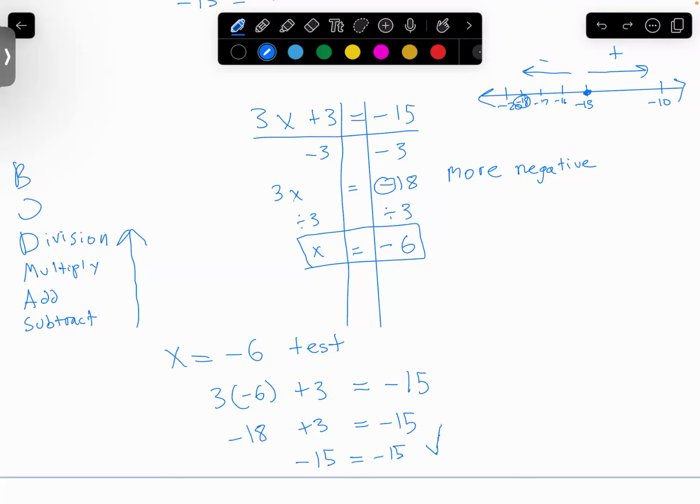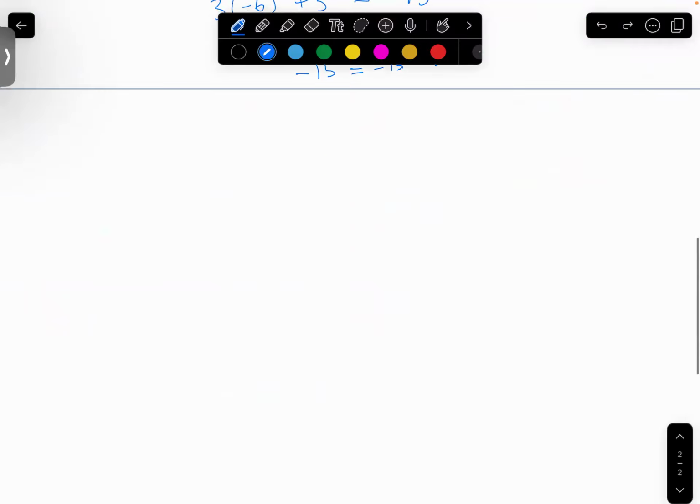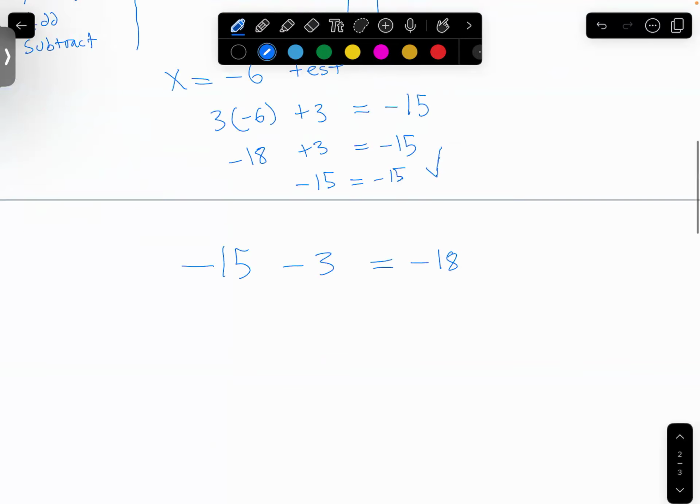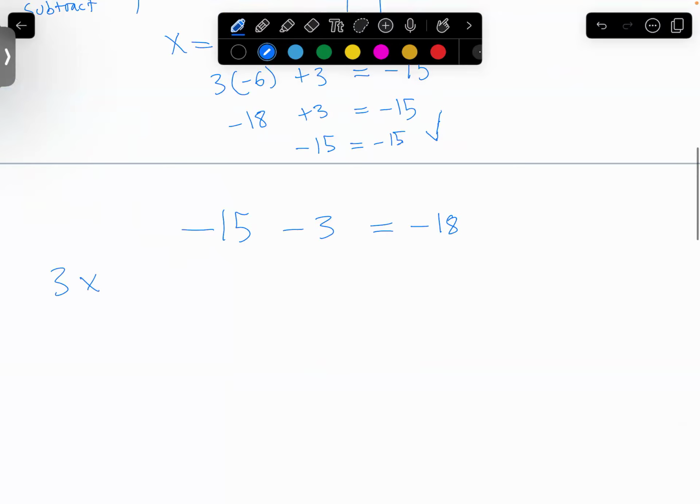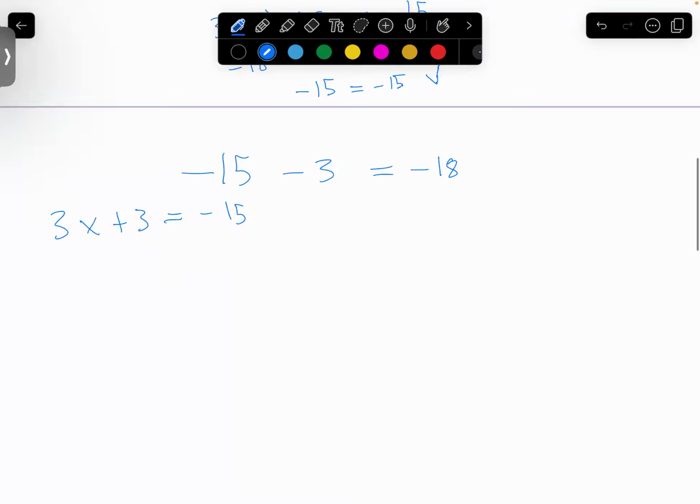No, they didn't. Okay. So if they understand -15 minus 3 equals -18, and we can already see that 3x plus 3 equals -15, we can see that 3x is just equal to -18.